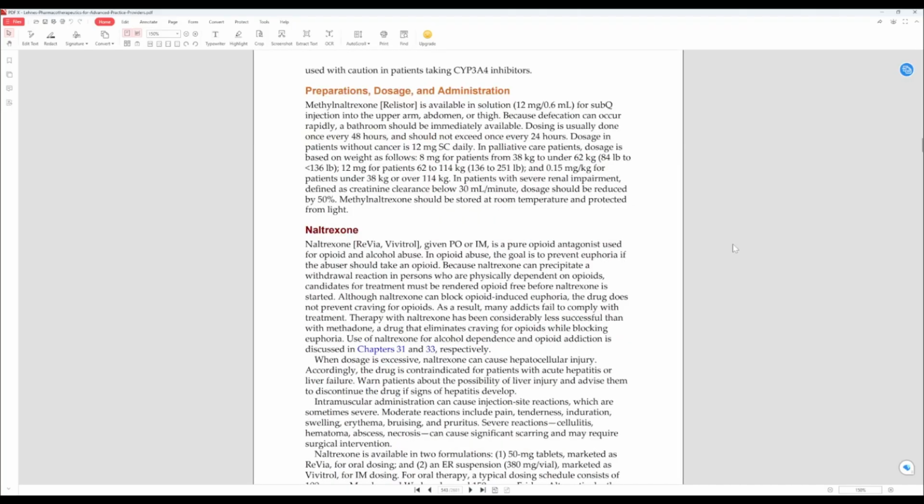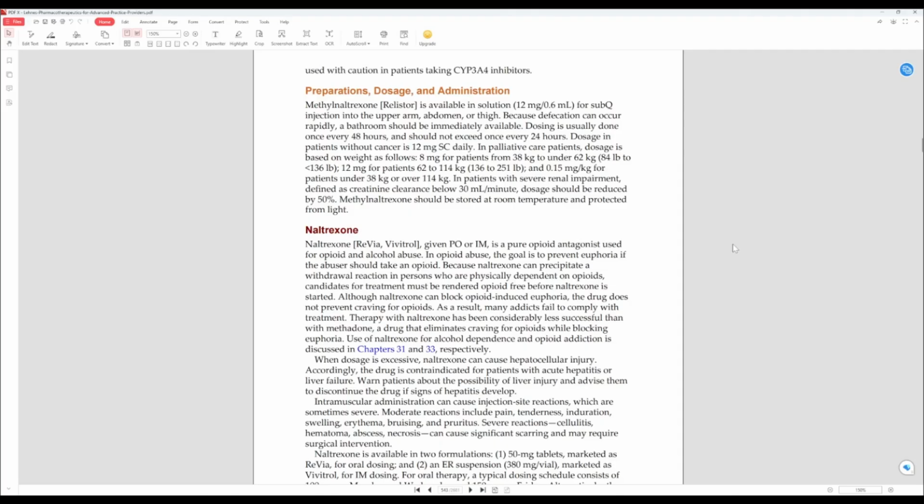So, Relistor is available in solution for subcutaneous injection that goes into either the upper arm, abdomen, or thigh. Because defecation can occur rapidly, a bathroom should be immediately available. Dosing is done every 48 hours and should not exceed once every 24 hours. Dosage in a patient without cancer is 12 milligrams subcutaneously daily.